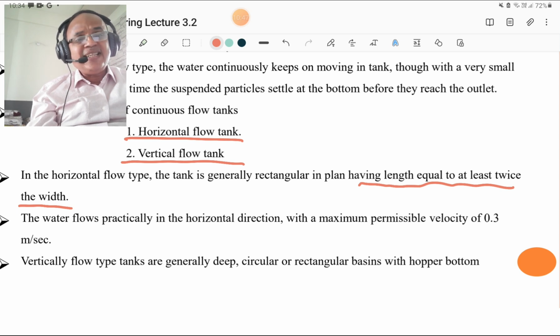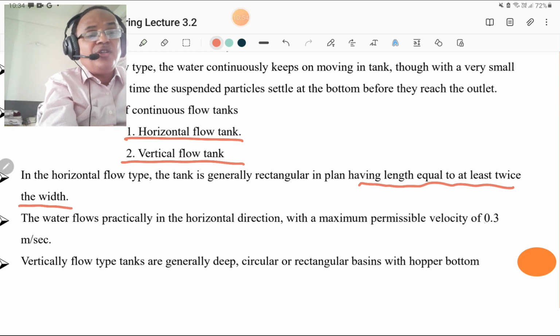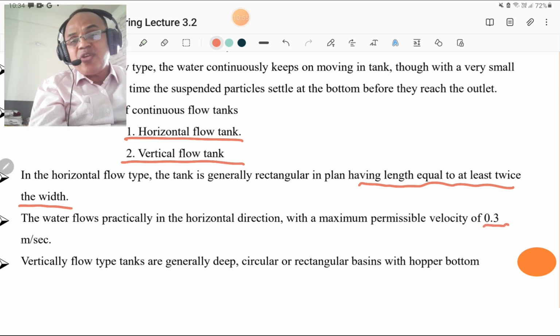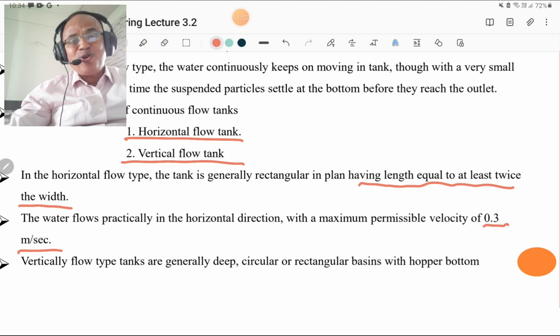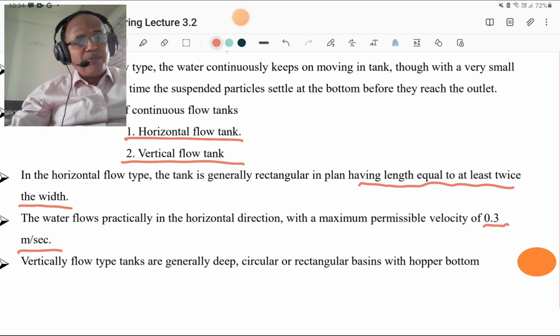The water flows practically in the horizontal direction with a maximum permissible velocity of 0.3 meter per second. So you must know this velocity of 0.3 meter per second, which is required to design the continuous flow type of horizontal tanks. Vertical flow type tanks are generally deep, circular or rectangular basins with a hopper bottom.